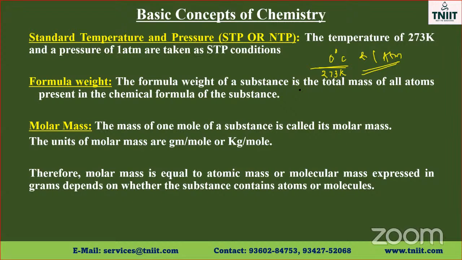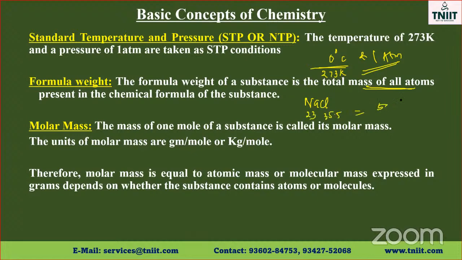Formula weight of a substance is the total mass of all the atoms present in the chemical formula of a substance. This formula weight is the same as molar mass. For example, take NaCl. What's the mass of sodium? 23. What's the mass of chlorine? 35.5.